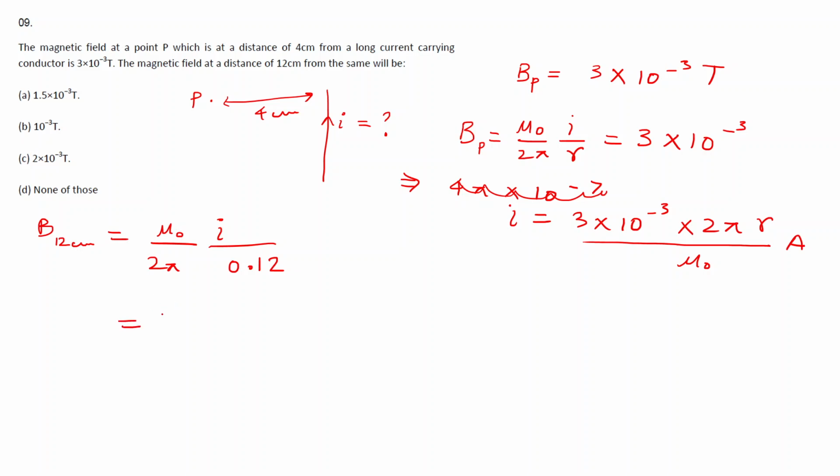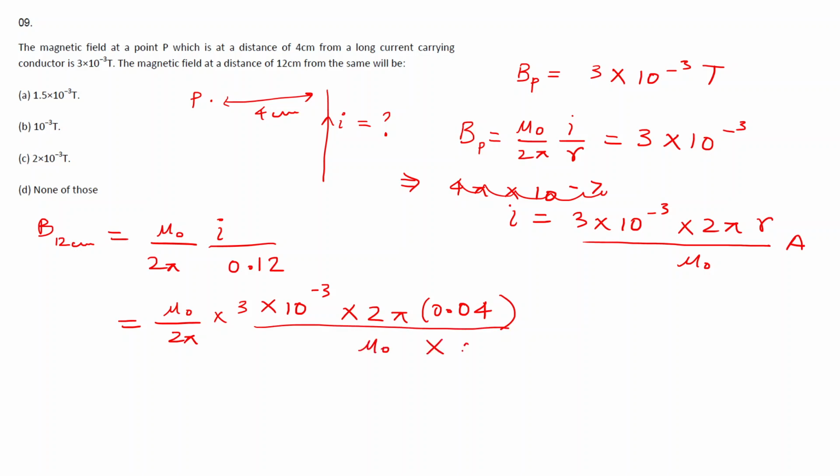So this will be mu naught over 2 pi, the value of current is 3 times 10 to the power minus 3 times 2 pi, and R there was 4 centimeter, that is 0.04, divided by mu naught, and 0.12. Right? From here mu naught cancelled, 2 pi cancelled.